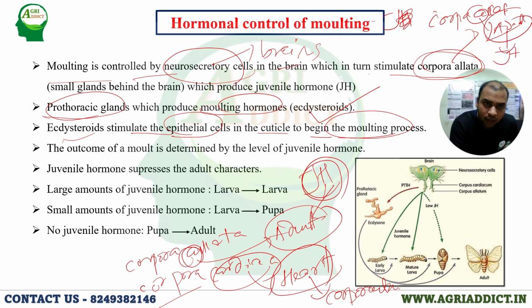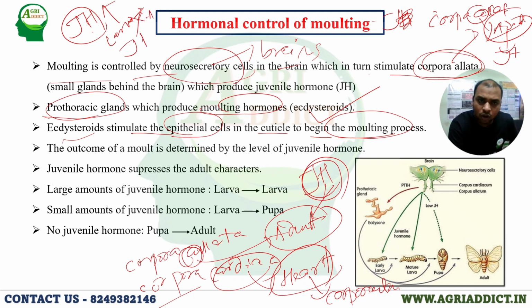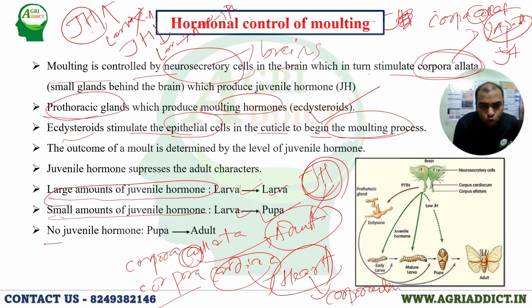If juvenile hormone is more, juvenile means new stages, that means larval stages. Larva will not go further to adult. But when the juvenile hormone is less, this larva will go to pupa. I have told you before, large amount of juvenile hormone, larva will go to larva, not pupa. Small amount of juvenile hormone, larva will go to pupa, but with no juvenile hormone, pupa will go to adult.